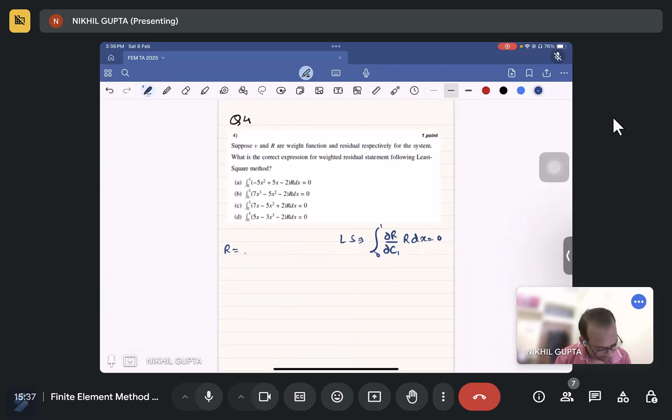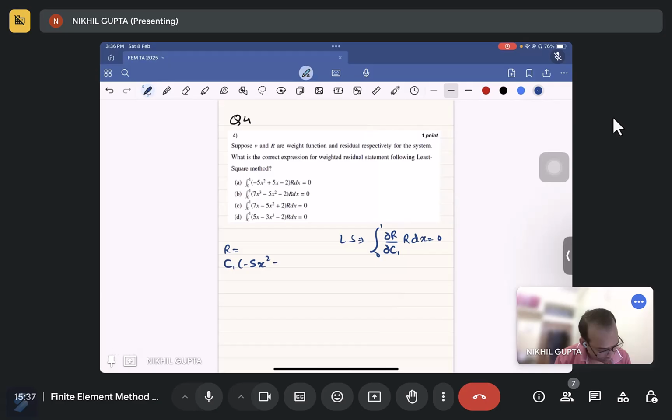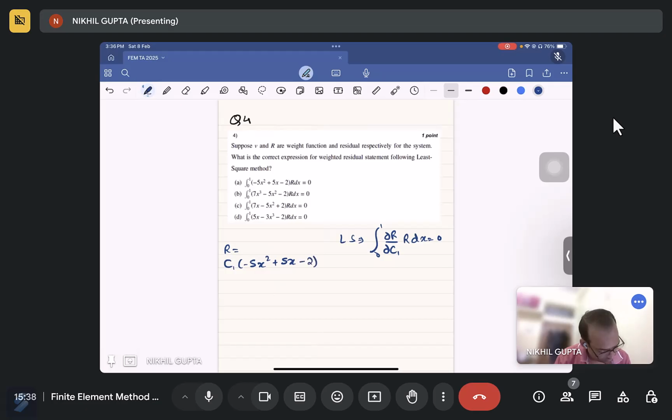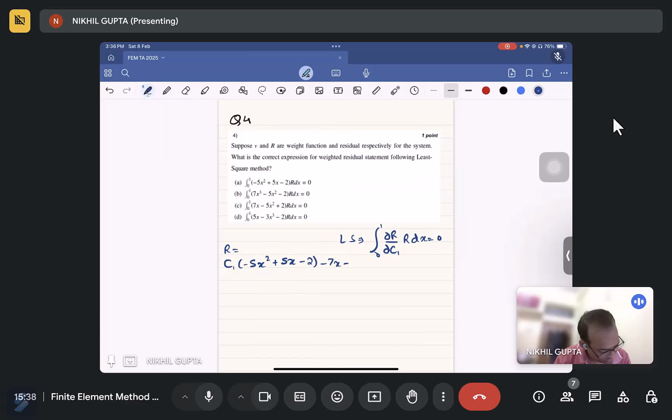C1 minus 5x square plus 5x minus 2, minus 7x plus 5. Okay, this is R. Let's calculate dr by dc1, which equals minus 5x square plus 5x minus 2.